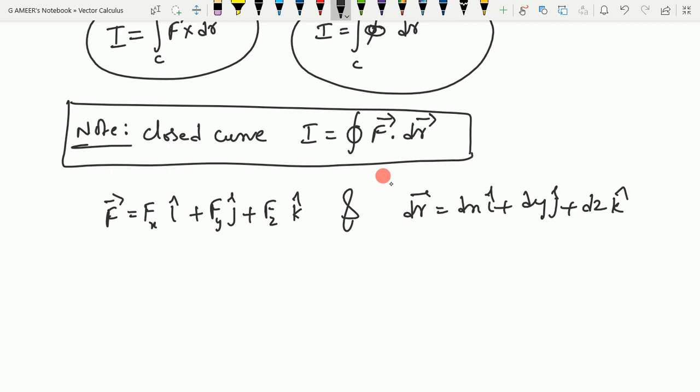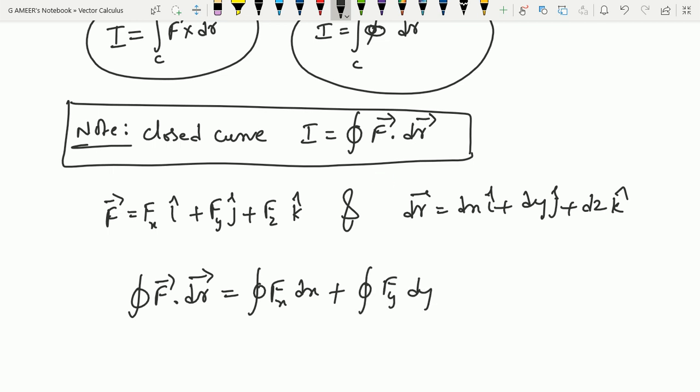So when we take the dot product, the closed integration of F dot dr will be simply Fx dx plus Fy dy plus Fz dz. This can be written for an open curve also.